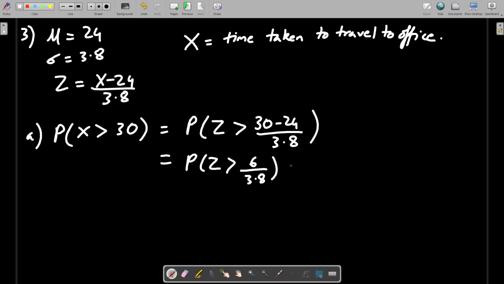So this is probability of z greater than 1.5 something, I feel. 1.56 it is.